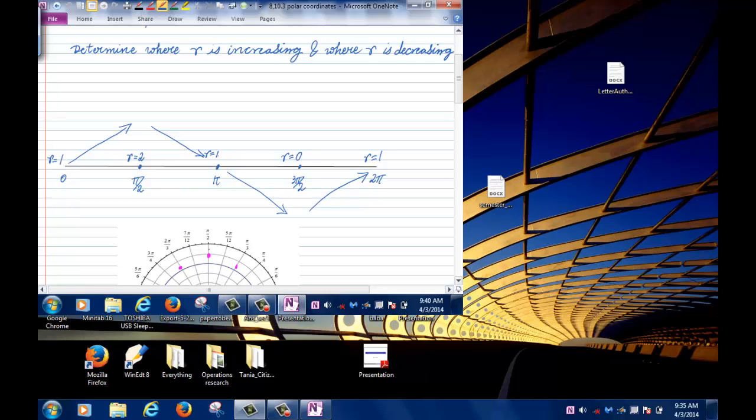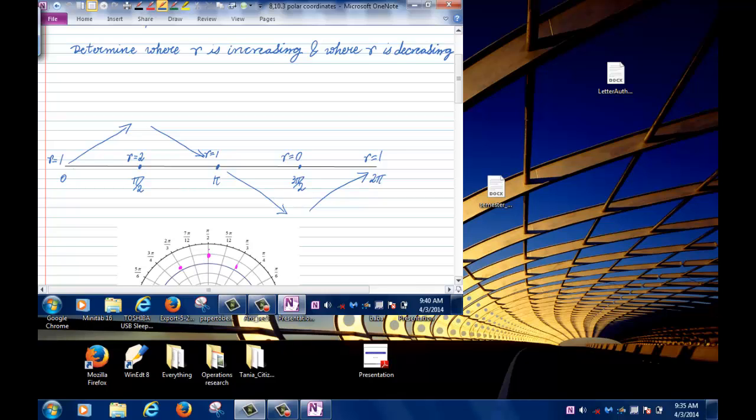So now we have to determine whether r is increasing or decreasing in each of these intervals. So between 0 and pi over 2, the sine function decreases, right? Sorry, the sine function increases between 0 and pi over 2. So 1 plus sine theta will also be increasing. So I have it's increasing in that interval.